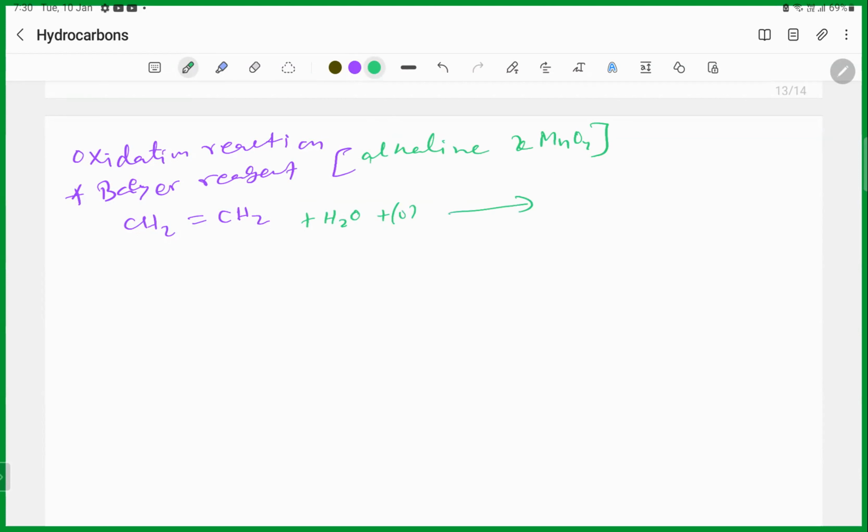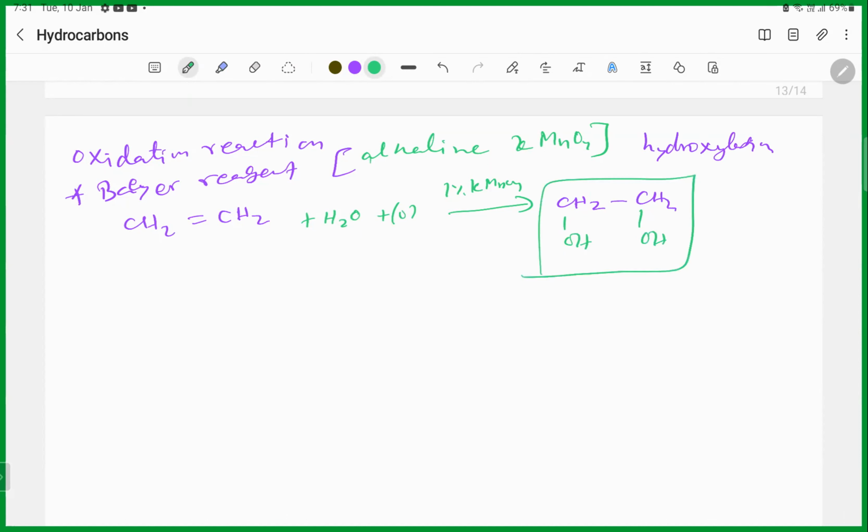So with 1% KMnO4, when you treat it, it will give CH2OH-CH2OH. This is called hydroxylation. Across the carbon-carbon double bond, you have added two OH groups.